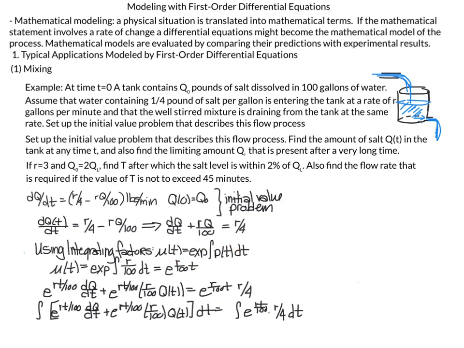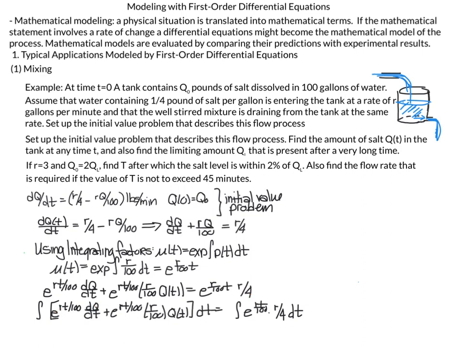So I have e^(rt/100) dQ/dt plus e^(rt/100) times r/100 Q(t) is equal to e^(rt/100) times r/4.